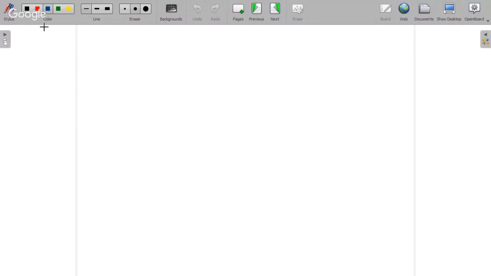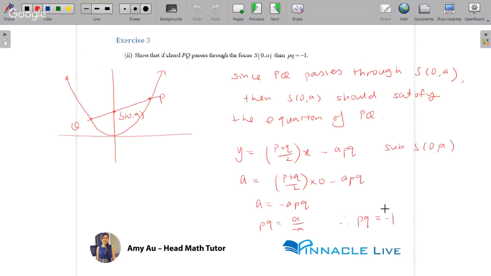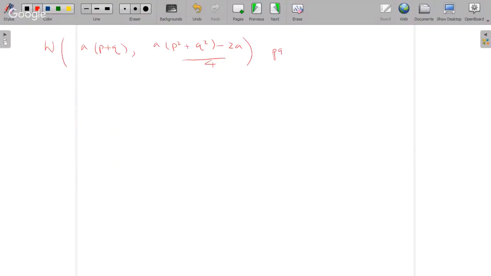Right now, let me just rewrite the coordinates for W. So those are the coordinates of W. Another critical thing, because we are eliminating the parameter, you need something that links p and q together. So pq is minus 1. All right, so we're using that as well.